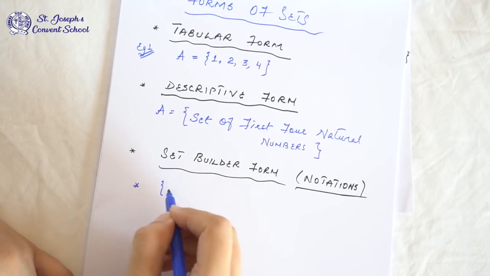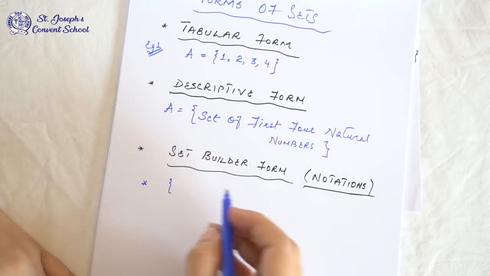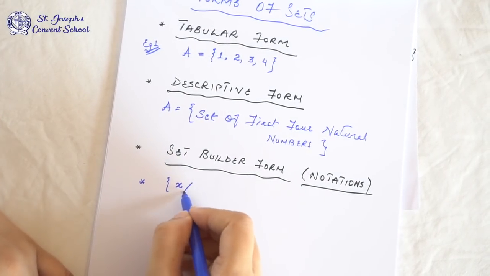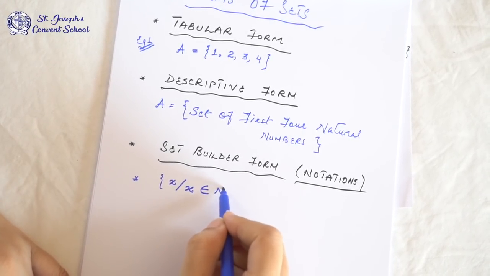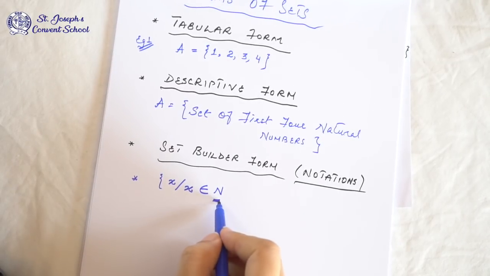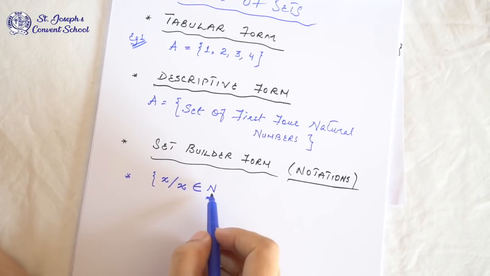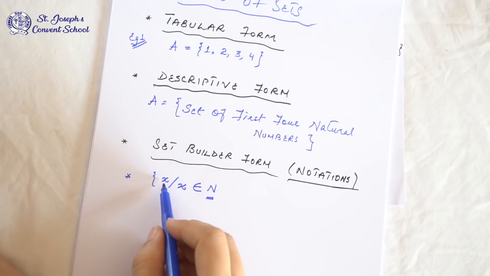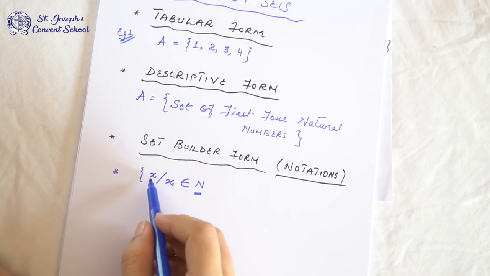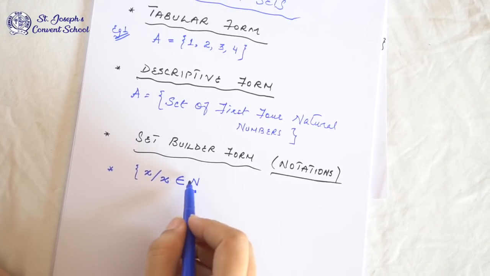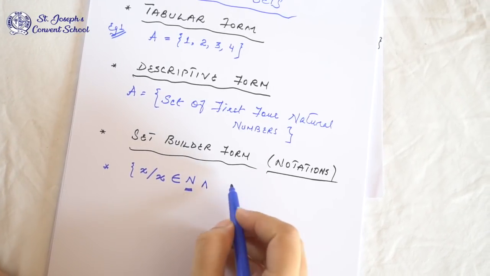Suppose all these elements are x, so you write x such that x belongs to natural numbers. This changes according to the numbers. If even are given, you write E. If odd are given, you write O. This will remain the same. Suppose all the elements 1, 2, 3, 4 are x, and x belongs to natural numbers, and this sign is and.